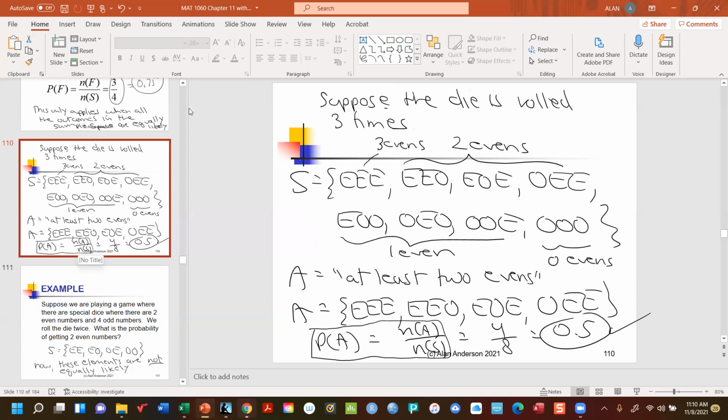And each one of these, because each element in the sample space is equally likely and the sample space contains 8 elements, it must be true that the probability of each of these outcomes is an eighth.